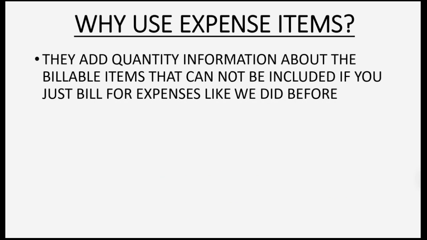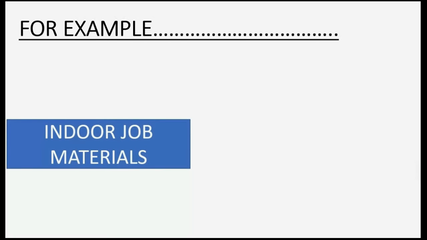Now, we will add the quantity information about billable items that could not normally be included if you just billed for expenses the way we did before. For example, let's imagine we have an expense account in the chart of accounts called Indoor Job Materials.